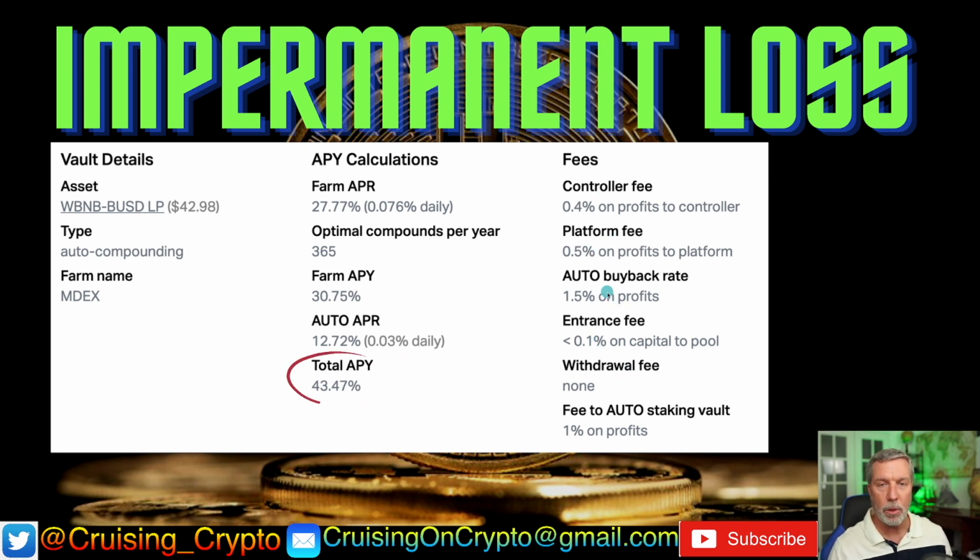As you can see here, it's about 3.5% for using their service, but they're also paying you an extra 12.72% by using them as your Auto Farm. So the total is 43.47%.